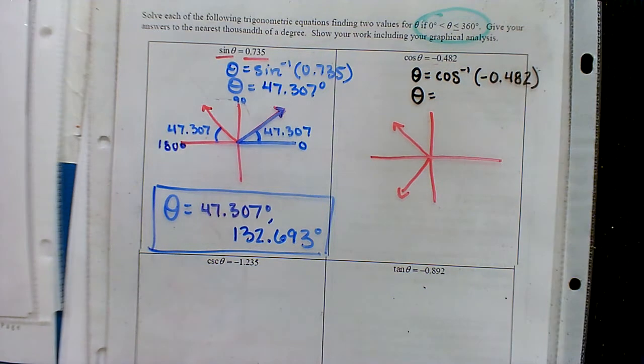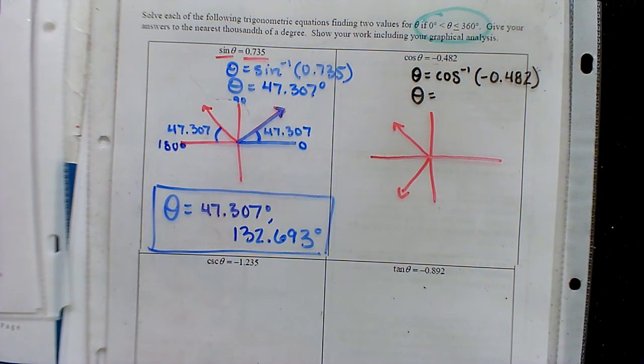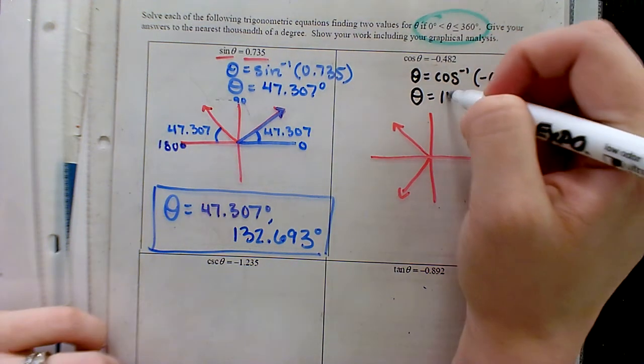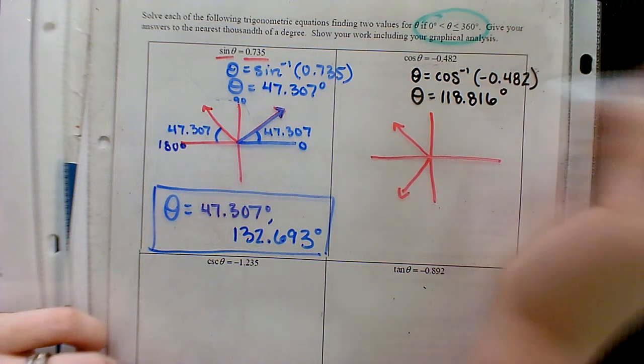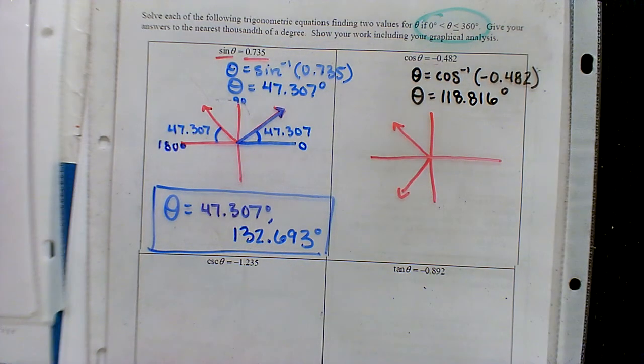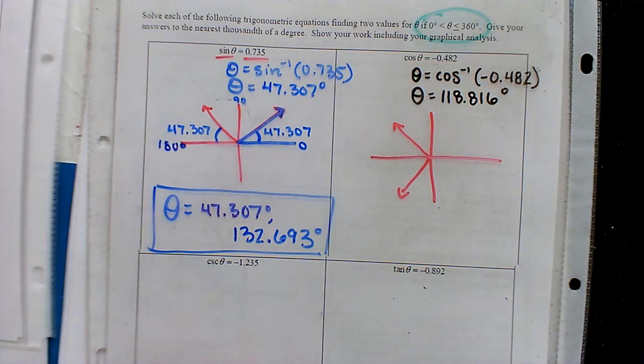And we'll see what the calculator gives us. Do we get about 118? Okay. If we have a 118 degree angle, is that the one in quadrant 2 or quadrant 3?